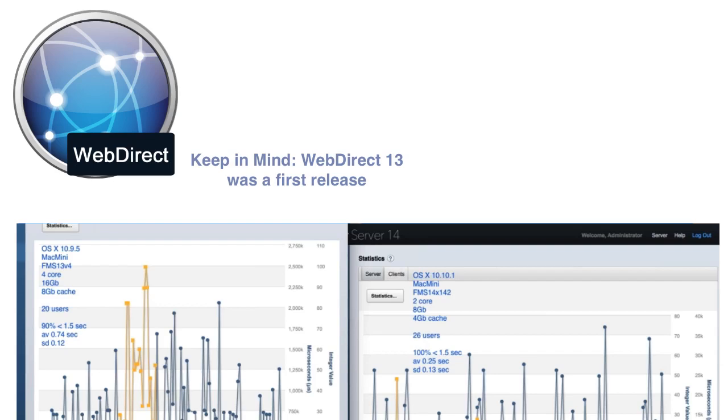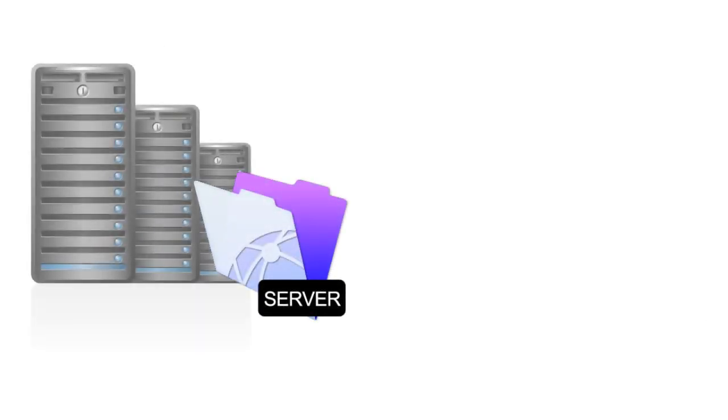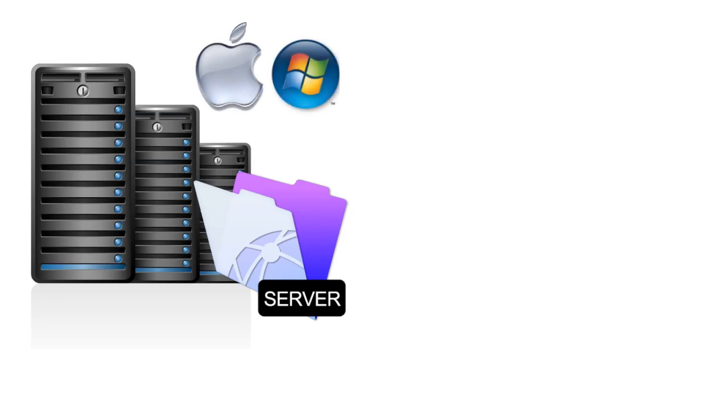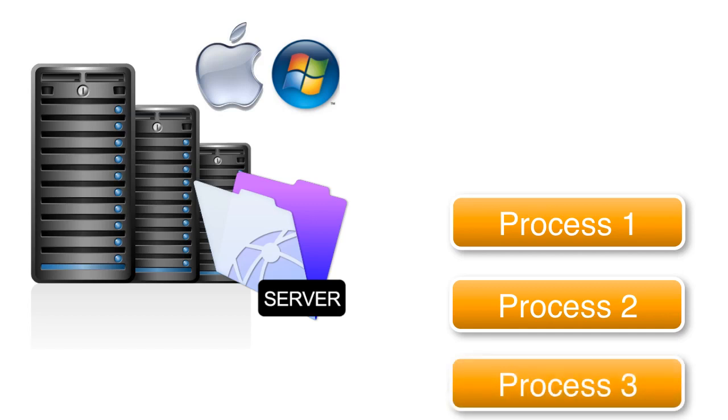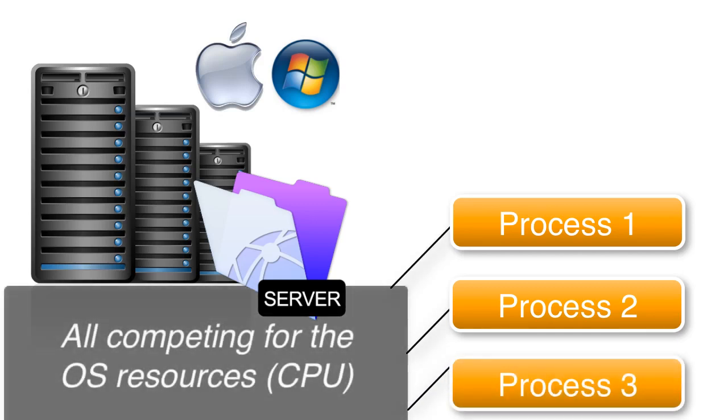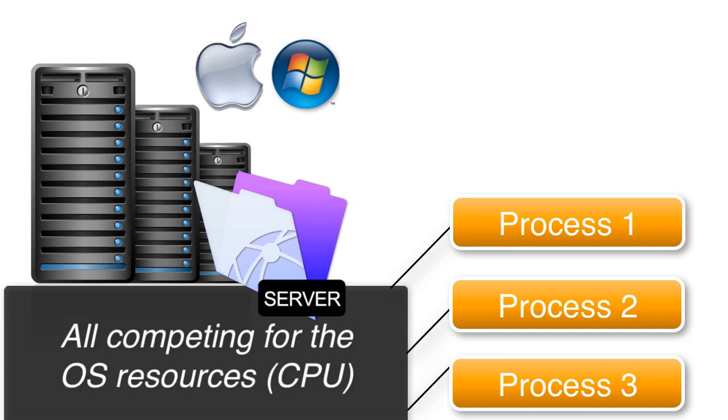But I think another point we should just bear in mind here, Richard, is this: that when FileMaker Server is running on a box, whether it's a Windows box or whether it's an OS X box, the different parts, the different processes that FileMaker Server is running, those are all competing for resource from the operating system, which is essentially CPU cycles and RAM, the stuff that the computer provides as a resource for the software to run.